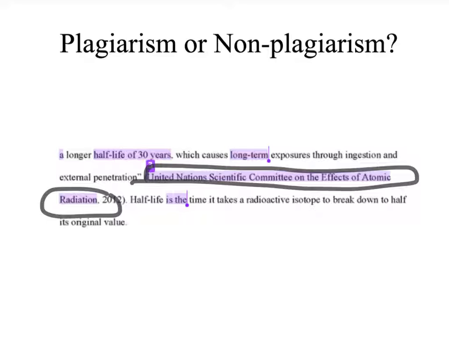But this particular area is in parentheses, which indicates that this is our in-text citation. So this is where we're giving credit to the original author. In this case, the author is an organization. It's called the United Nations Scientific Committee on the Effects of Atomic Radiation.